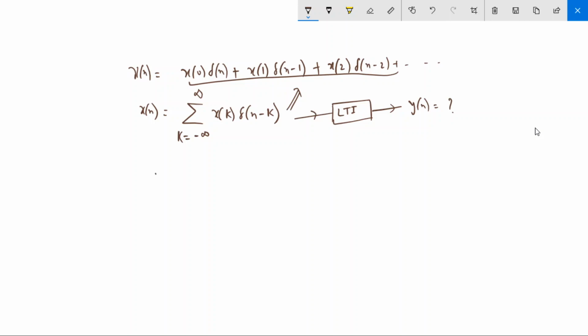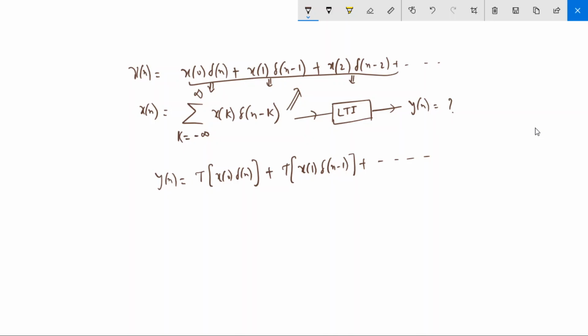So y of n in this case will be equal to the output of the system due to x0 delta n plus output due to x1 delta n minus 1, and so on. So their individual outputs are added together to form the output of the system.